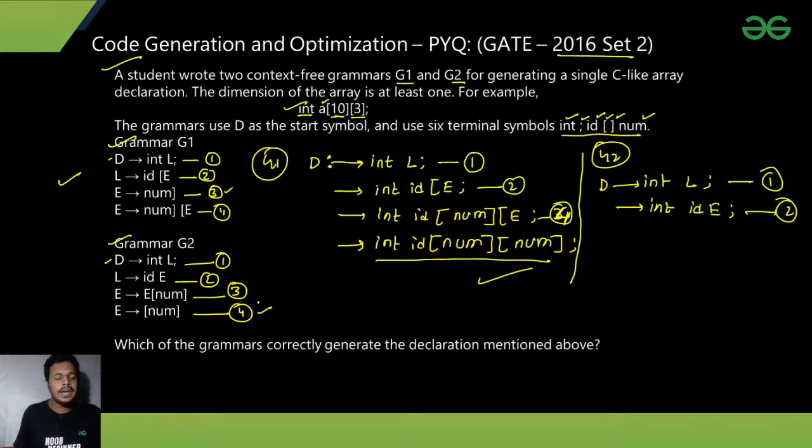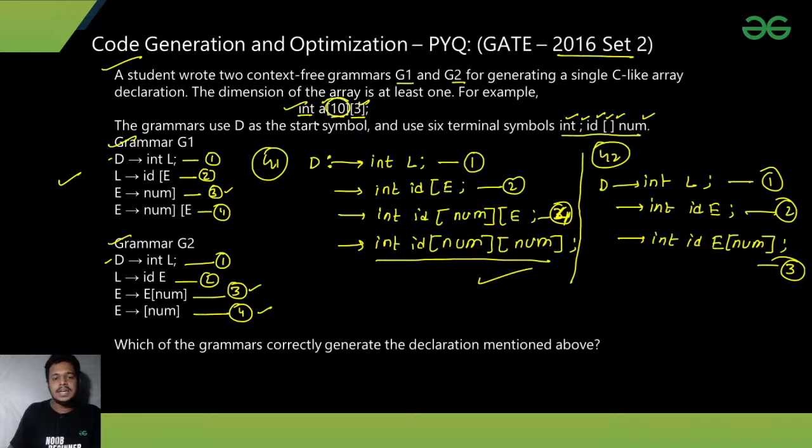So we cannot use the fourth production rule here; we need to use the third production rule. The third production rule says that in place of this e, we can place e and num, and our semicolon. The ending number is already generated.